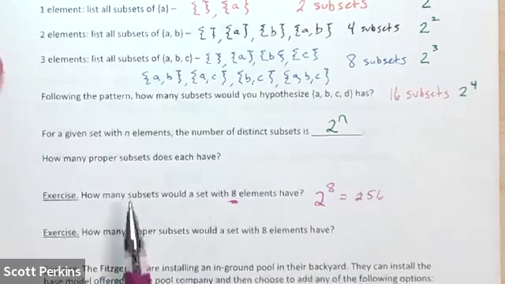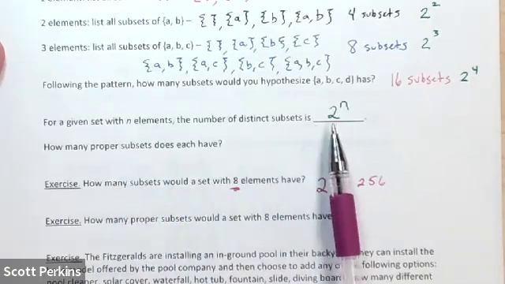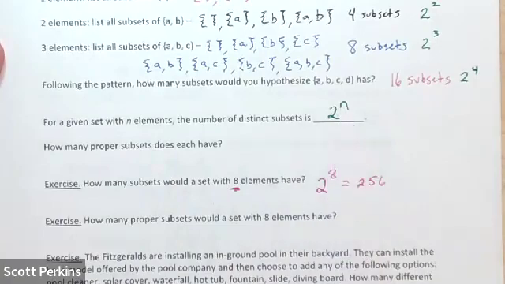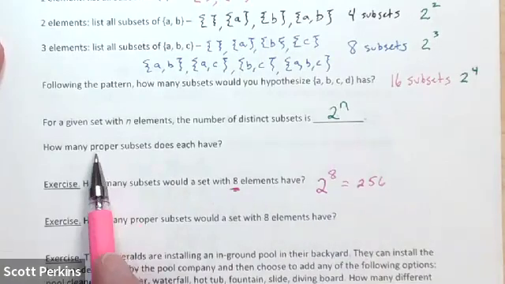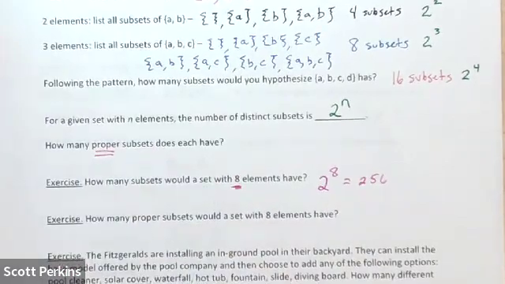Okay, so here's the next question then. Now that we know that the number of subsets is 2 to the n power, and n is just how many elements are in the set, the next question is how many of them are proper subsets? Thinking about our example, if you look up at the top, the exercise we did, how many subsets are not proper?